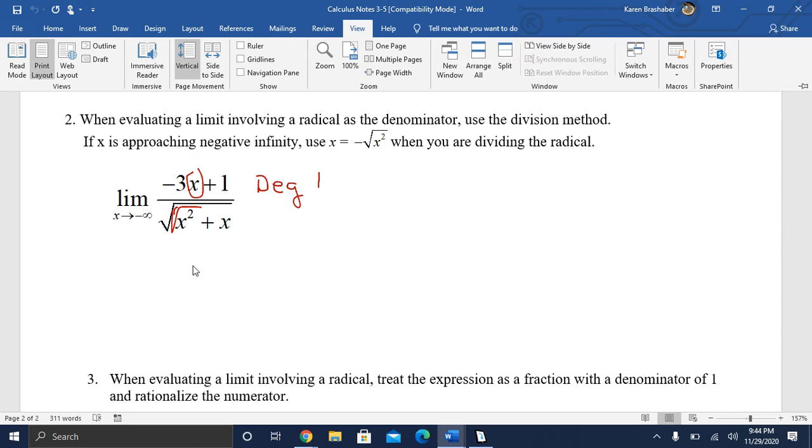So here we have a degree of the square root of x squared. Well, that's going to be a degree of 1. The square root of x squared would equal x. And so that's a degree of 1. Again, that's not how you evaluate it. We're just looking at the degree. So the degrees are equal.